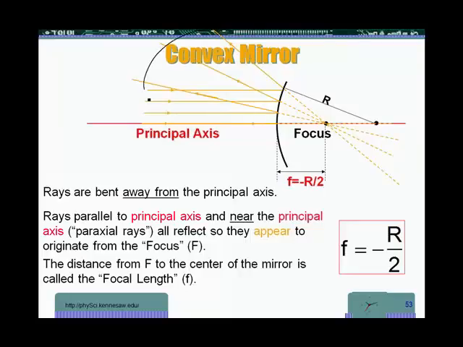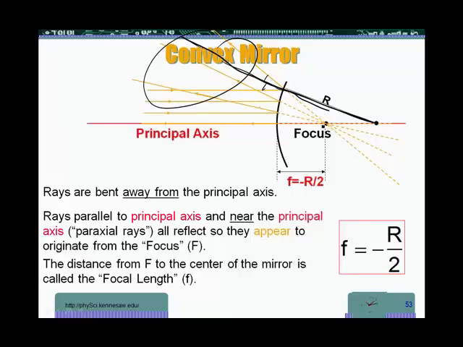But the reflected beams are going to look like they are coming from the focus behind the mirror. And again, we can find that out by using a little geometry, remembering that your normal is the radius, angle of incidence is equal to angle of reflection, and that's why you are going to get it here.